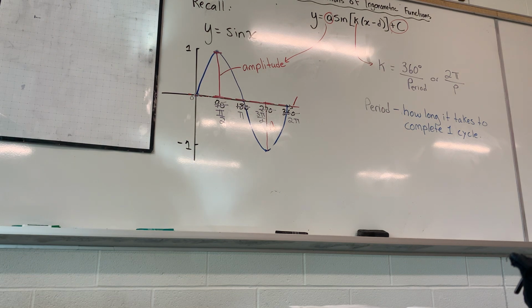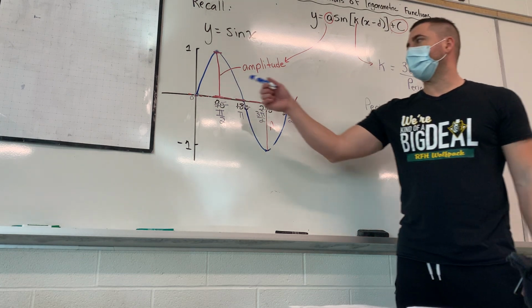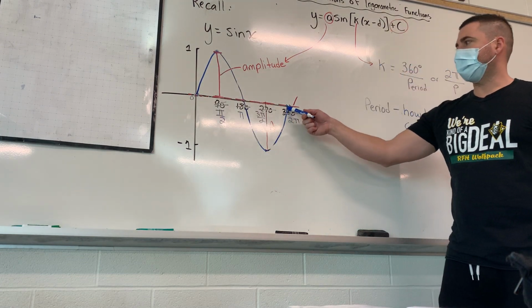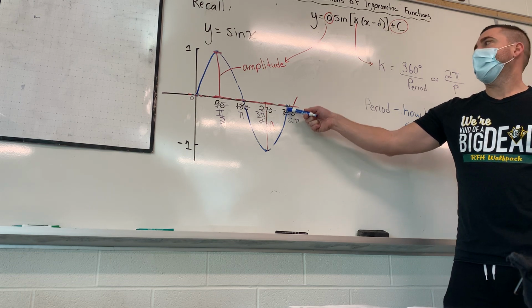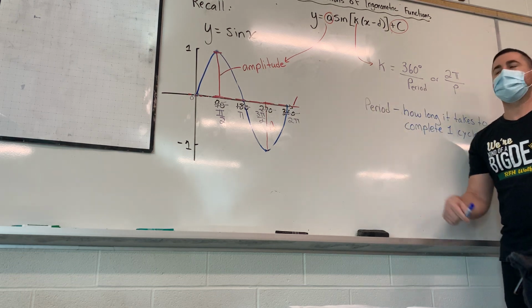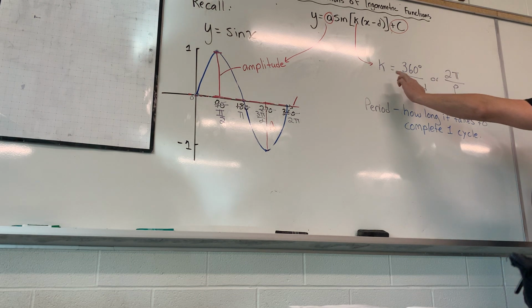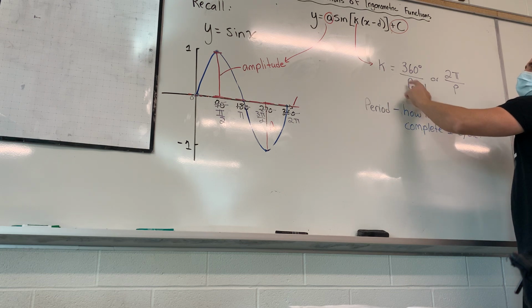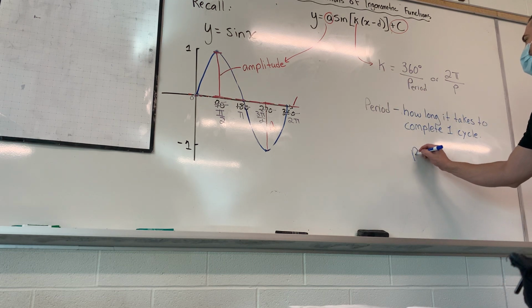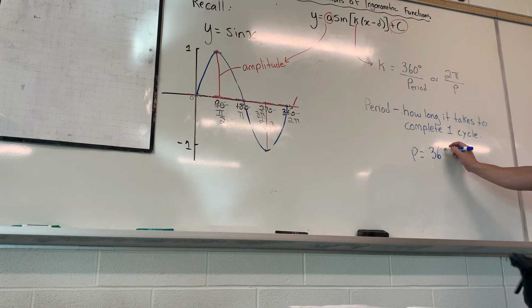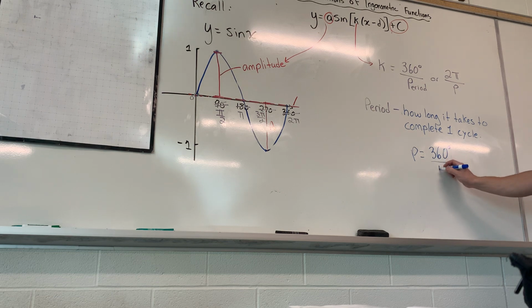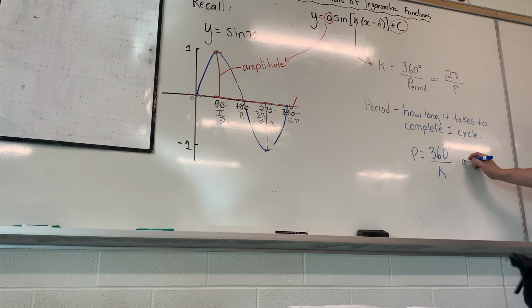So our period for both the sine and cosine parent function is 360 degrees. So it takes 360 degrees to complete one cycle, and then it would repeat itself. Okay, and we have a formula for that, and it's almost the same as this one, you just swap these. So the period is 360 degrees divided by your K value, or 2 pi over K.